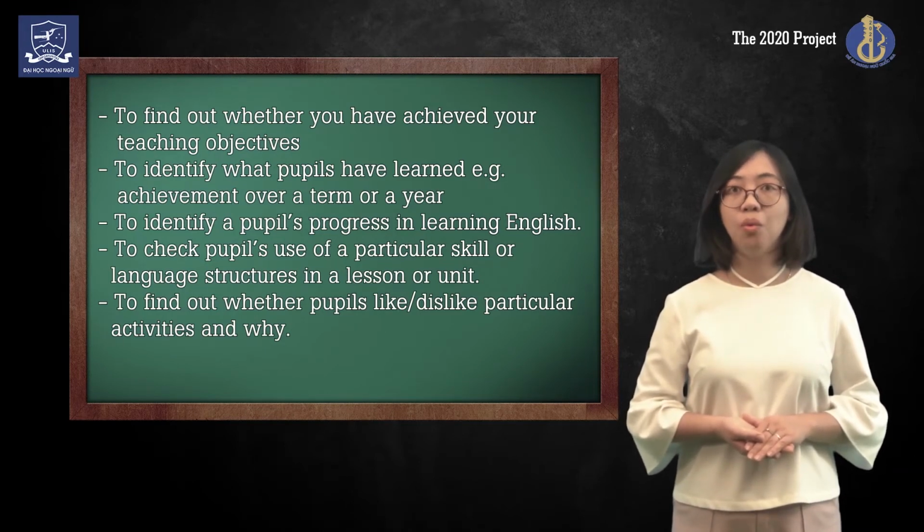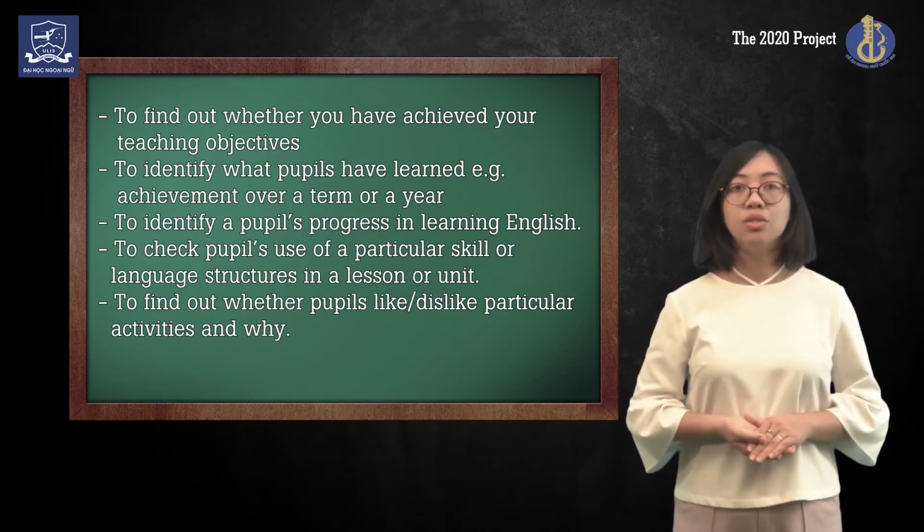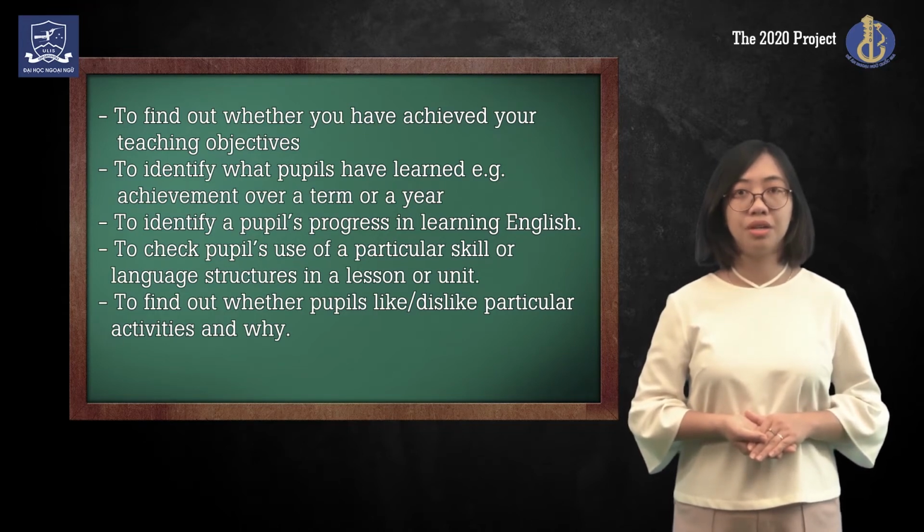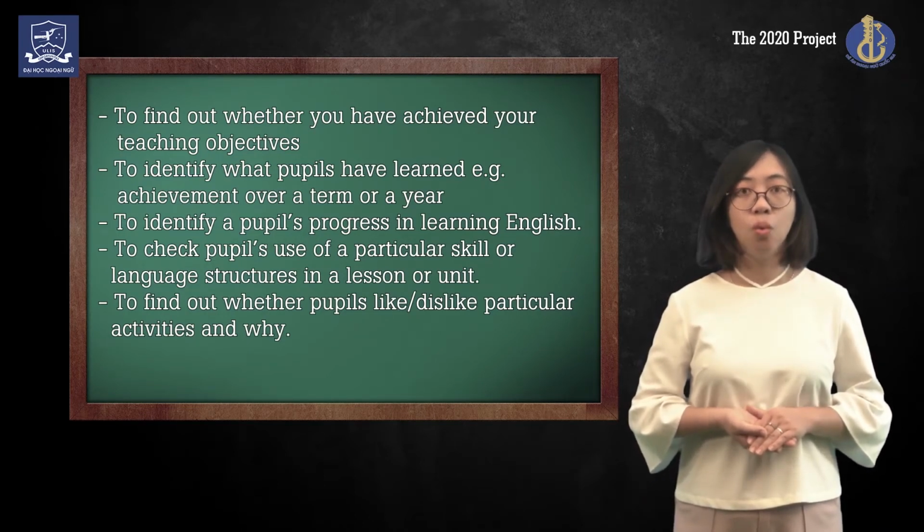To identify what pupils have learned, for example, achievement over a term or a year. To identify a pupil's progress in learning English. To check pupils' use of a particular skill or language structures in a lesson or unit. To find out whether pupils like or dislike particular activities and why.